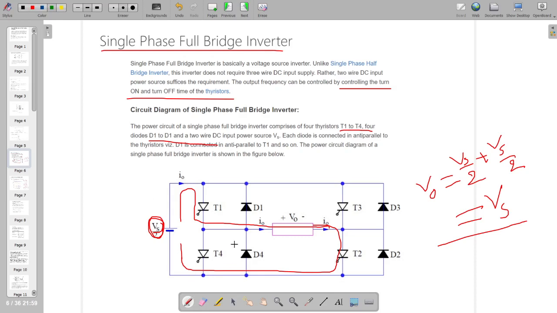In the second case, T3 and T4 are conducting. During this period, current flows through T3, the load, T4 and the supply. So this is the current direction.